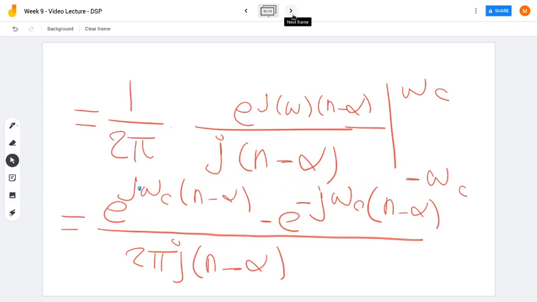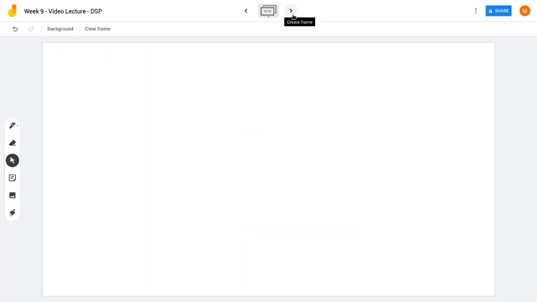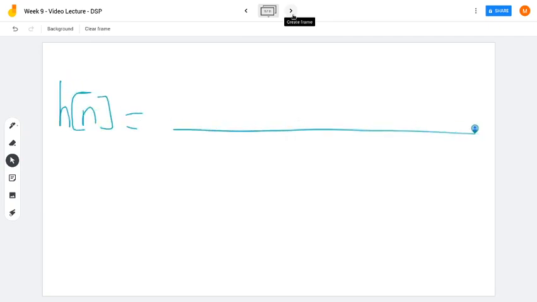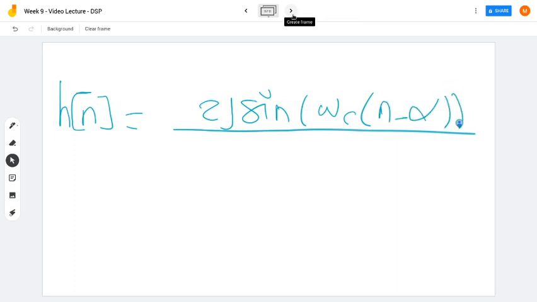So moving on, we will be having h of n taking this form, 2j sine omega c (n minus alpha) over 2j pi (n minus alpha).